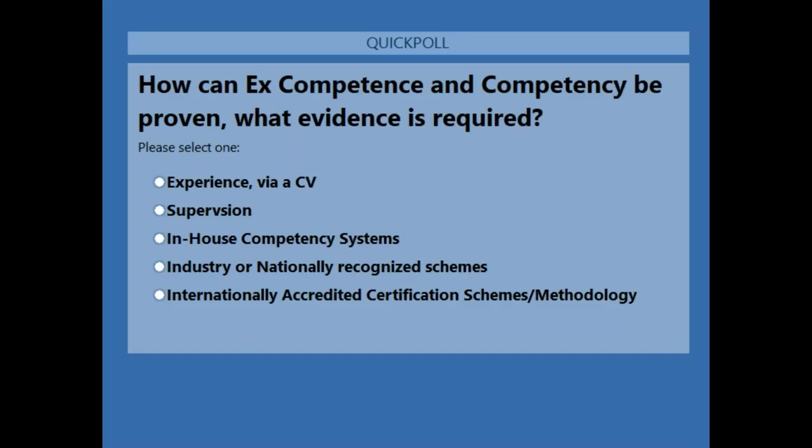47% have voted. I think certainly we shouldn't forget the in-house competency system can include the two just following, like industry and nationally recognized schemes or internationally accredited certification schemes. This can be selected as an in-house competency system. 72% have voted.